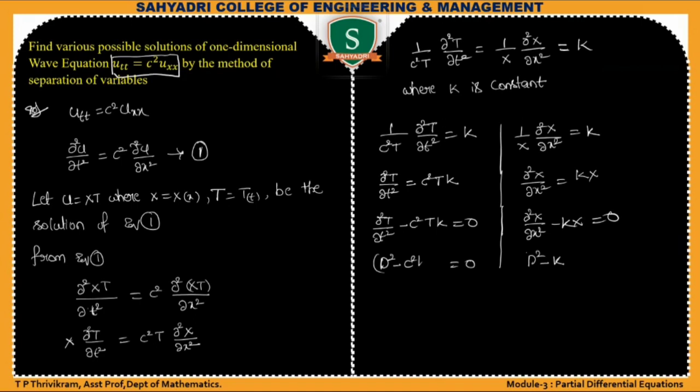D square minus c square k into T is equal to 0. Here D square minus k into X is equal to 0. Where here D square is nothing but del square by del t square, and here D square is nothing but del square by del x square. Okay. Now based on the k value, we will decide the solution.